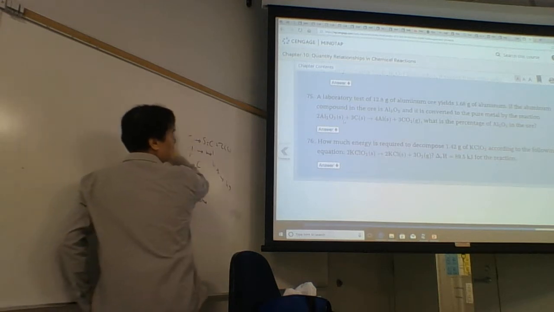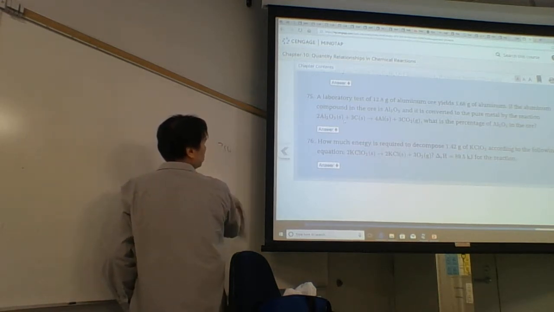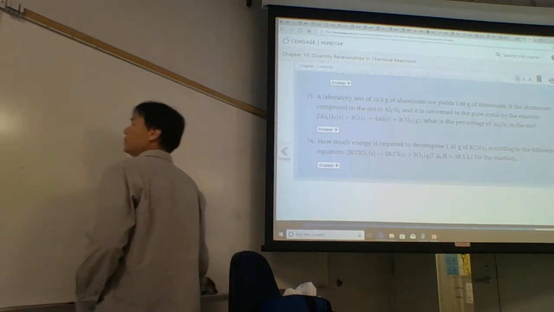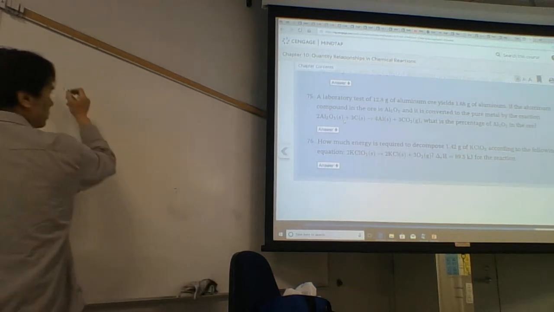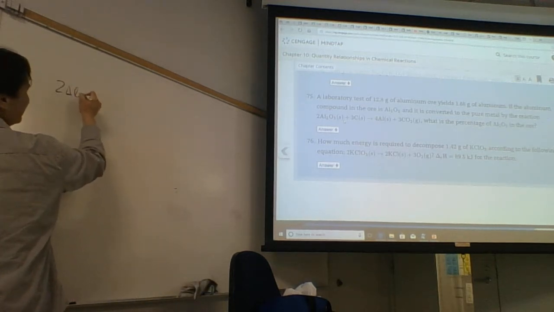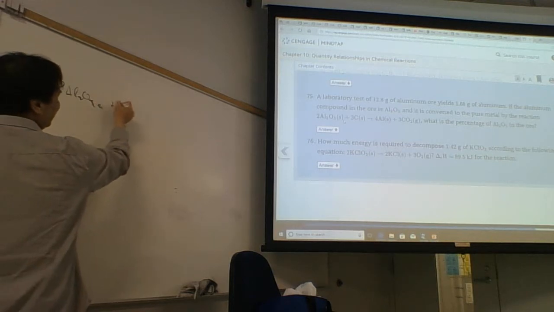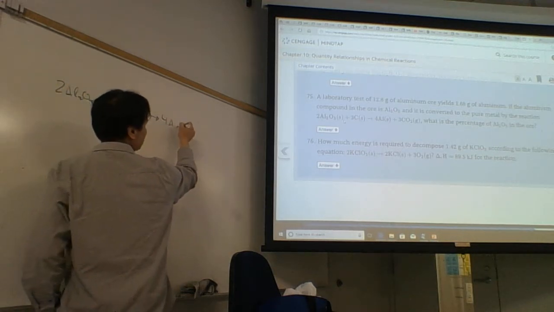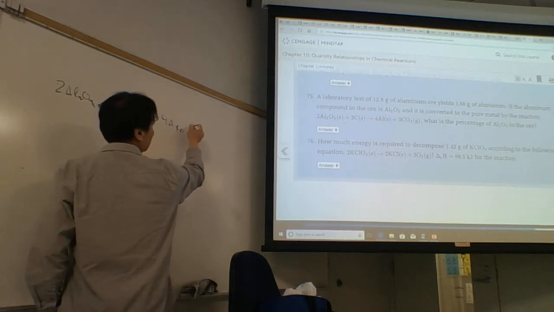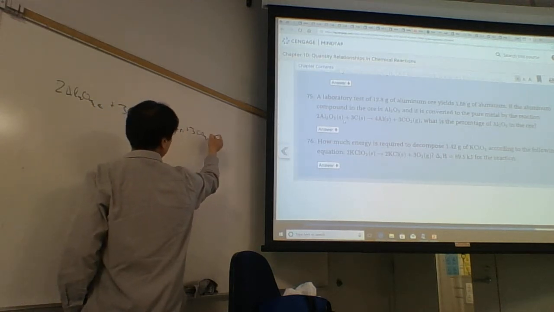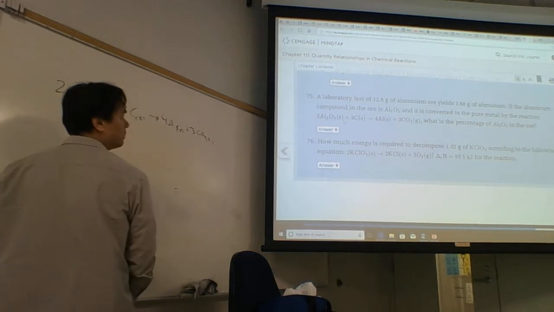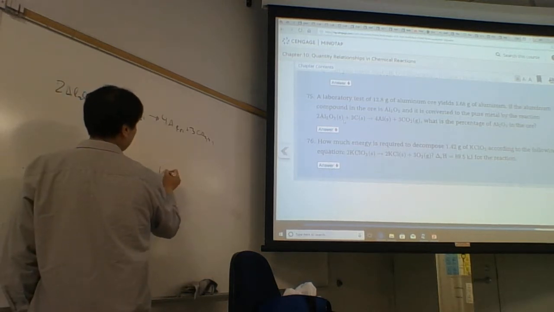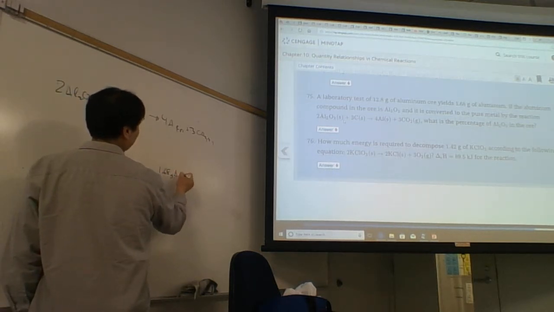They tell us the ore yielded 1.68 grams of aluminum. And so we would do it like this. 2Al2O3 solid plus 3 carbon solids yields 4 aluminum solids plus 3 CO2 gas. This is a redox reaction. And so what we have is 1.68 grams of aluminum.